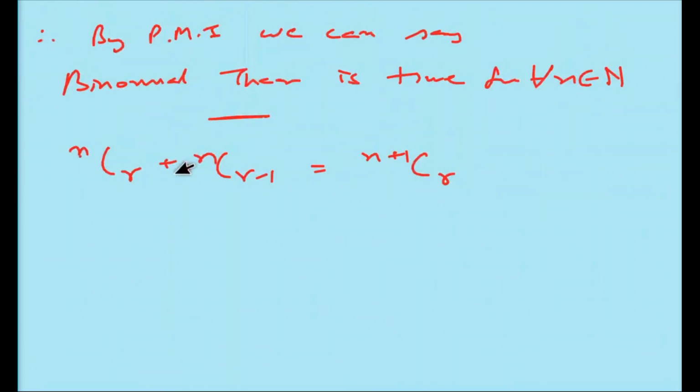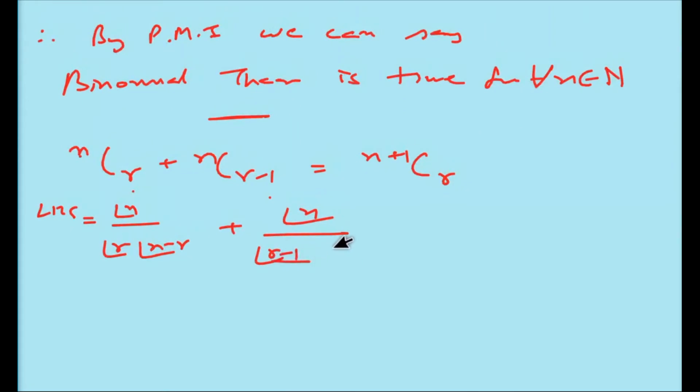If r is greater than 1, then we can write n plus 1 Cr. So let LHS equal to, if you want to know the detail, you have to go to the chapter on combination. Okay, so we can write factorial n upon factorial r factorial n minus r, plus factorial n upon factorial r minus 1 factorial n minus r minus 1.